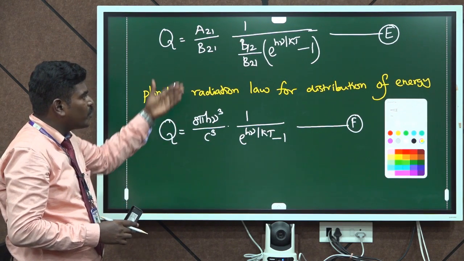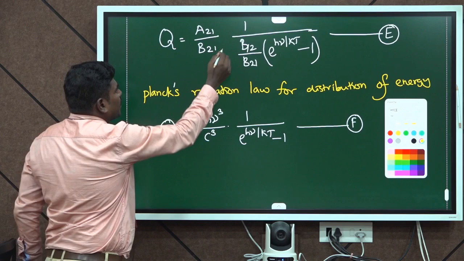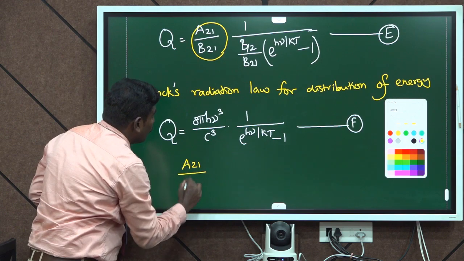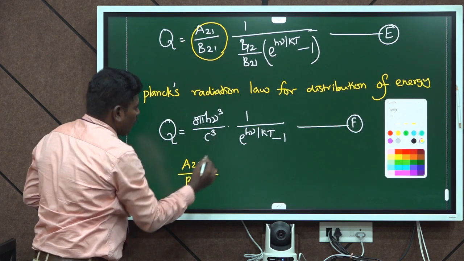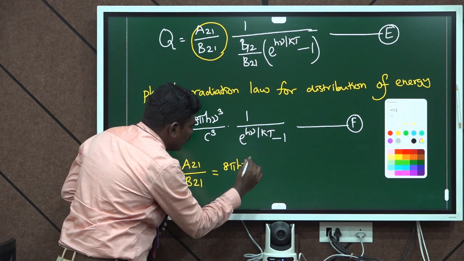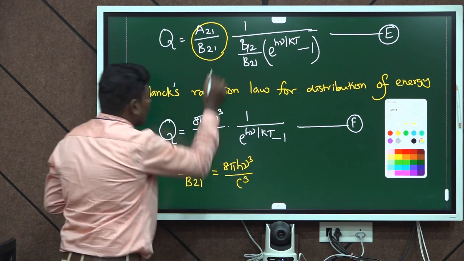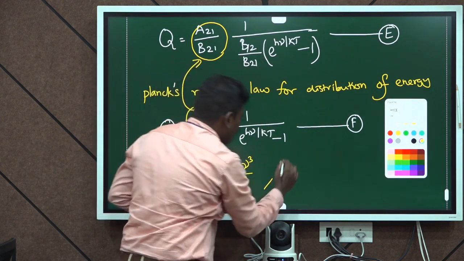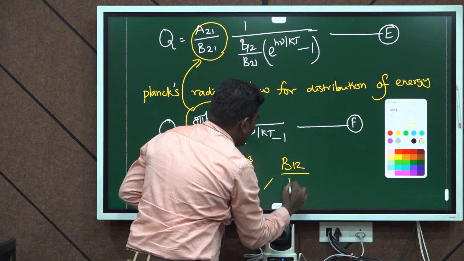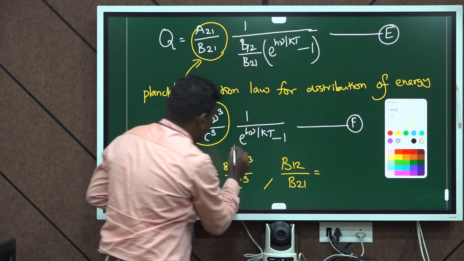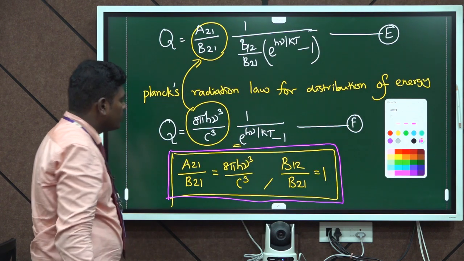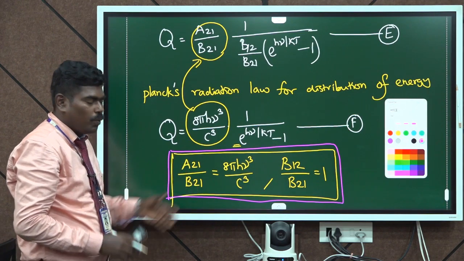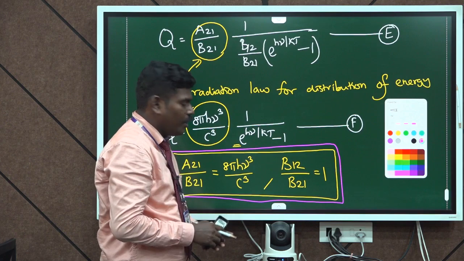So comparing equations E and F, the term A21 divided by B21 equals 8 pi h nu cubed divided by c cubed. Then the term B12 divided by B21 equals 1.